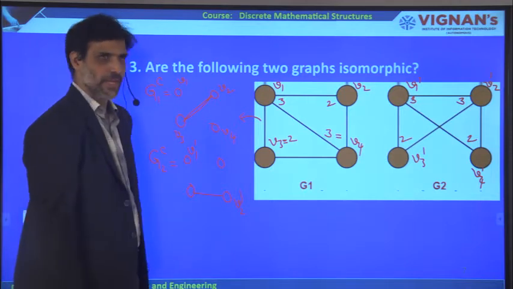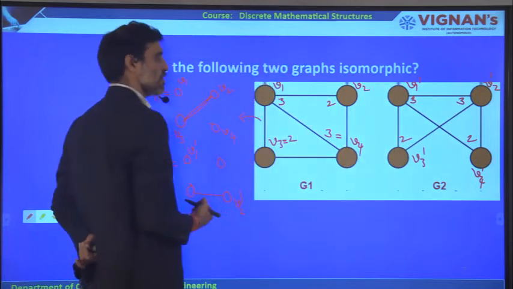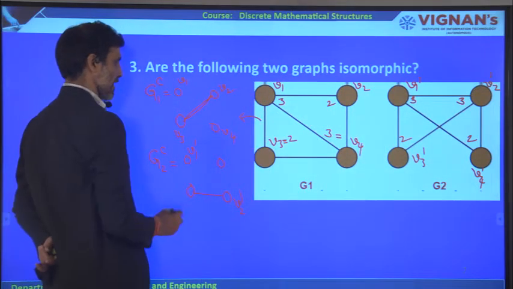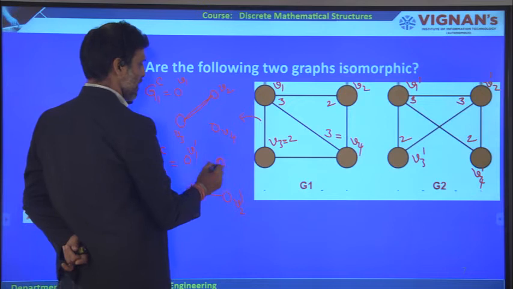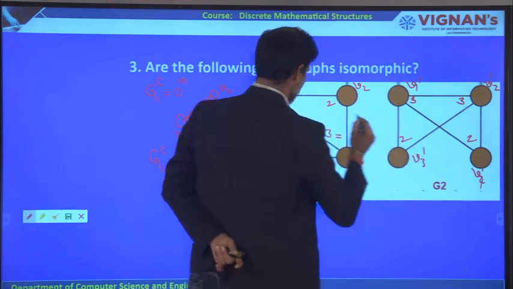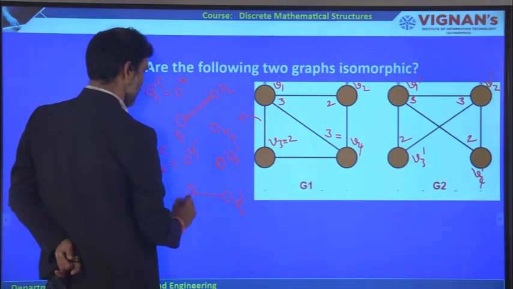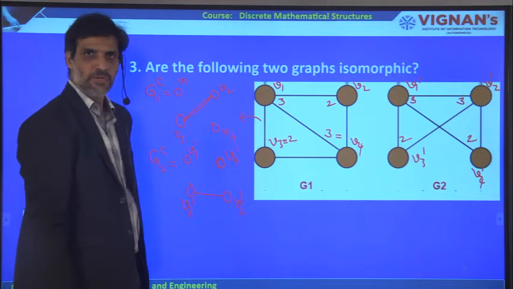Like this you have to take, because V4 degree is 3 here, V2 dash degree is also 3 here. And here V1 dash is connected with V4 and also connected with V3. So you have to take V4 dash and then V3 dash. Like this you have to take.